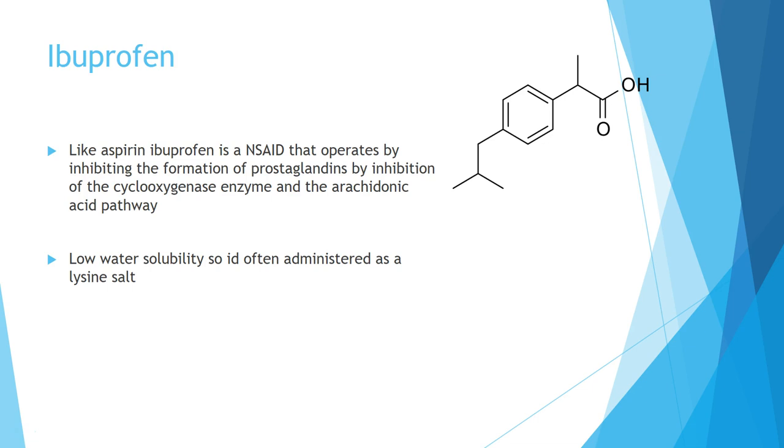So it has a slight blood thinning effect as well, and inhibits the formation of prostaglandins by inhibiting these enzymes here and the arachidonic acid pathway. Again, you don't need to know these pathways in detail. They won't be assessed. It has lower water solubility, so again is often produced as a salt, and in this case it's usually a lysine salt rather than just a simple sodium salt.